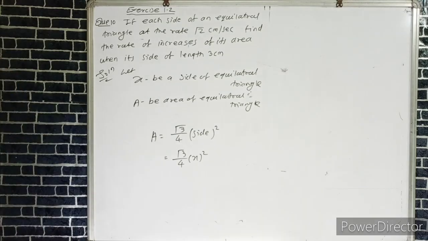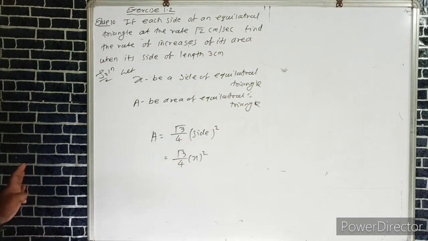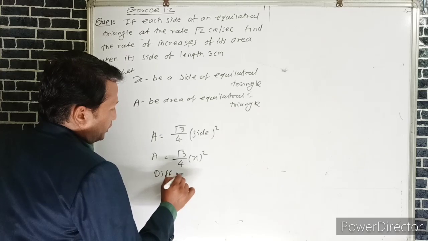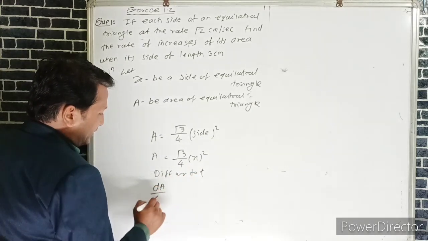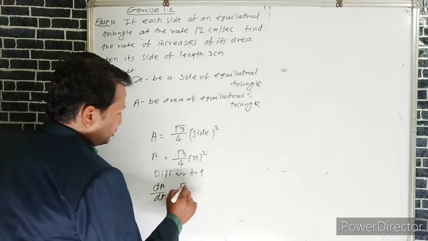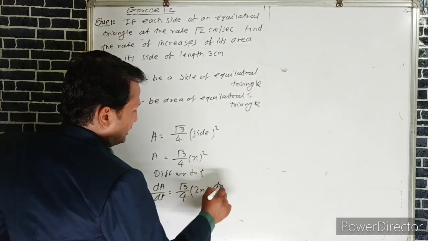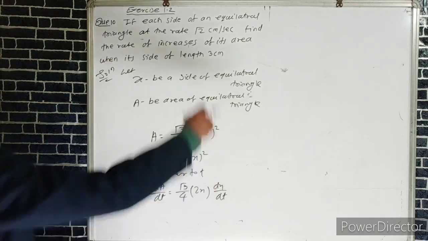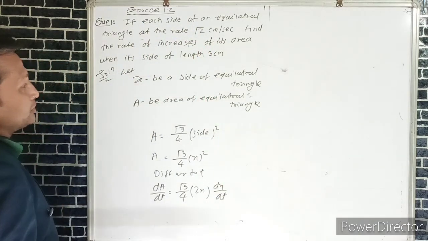By the given condition, each side of the equilateral triangle increases at the rate of root 2 centimeter per second. If we differentiate with respect to t, the derivative of A, which is dA/dt, is equal to root 3 by 4 into the derivative of x square, which is 2x into dx/dt.